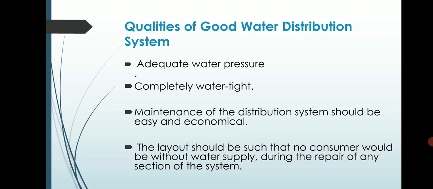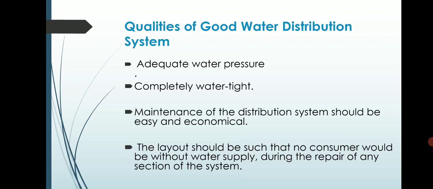Then the sign of a good water distribution system is that it will be completely watertight. Watertight means that there should not be any holes or any chances, so that the purity of the distributed water is maintained.